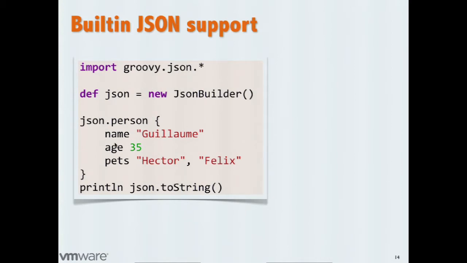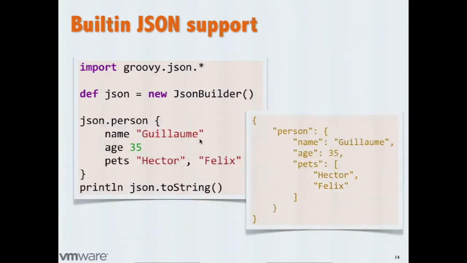Inside that, well, let me show you what it generates. It's creating an object with a person key, with another JSON object associated there, again with keys and values: name Guillaume, age 35, and the pets.